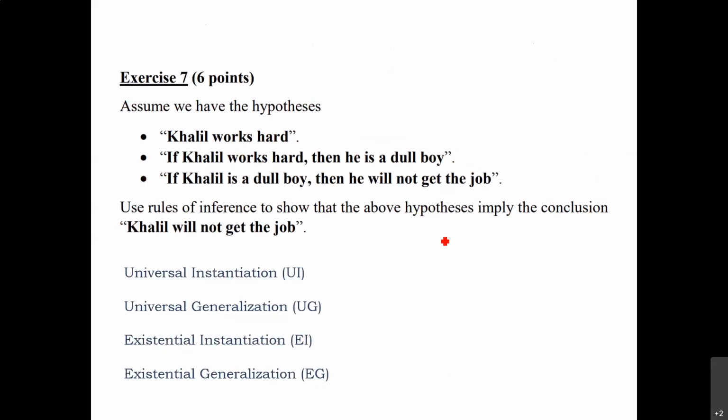So universal instantiation and generalization, and the same for existential. This is just saying if you have for every x, P of x, you can conclude that there is something that makes it true, and c could be anything.